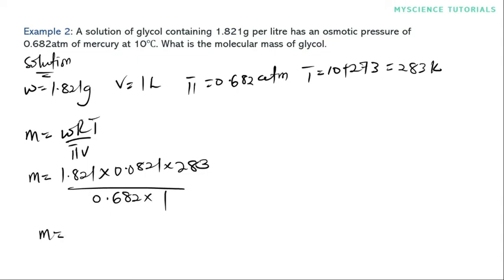So our molecular mass of the glycol, if we do the computation, is 62.04 gram per mole.